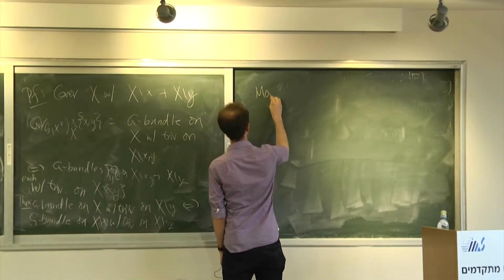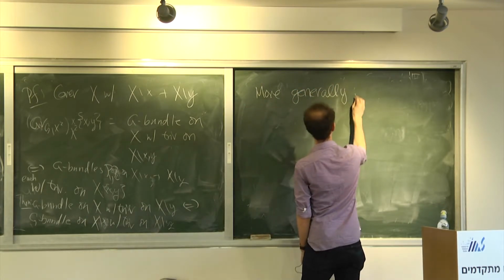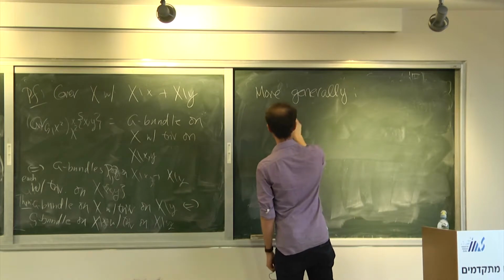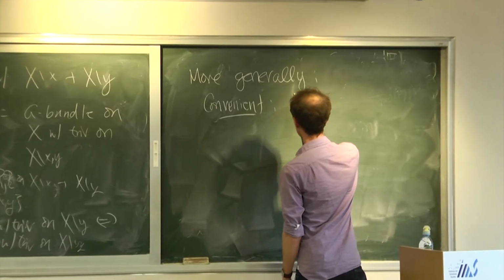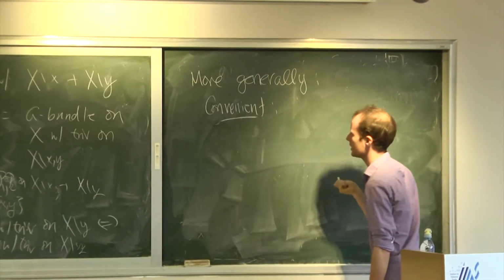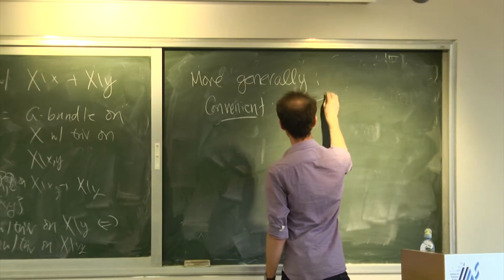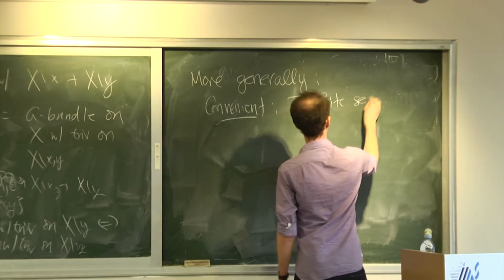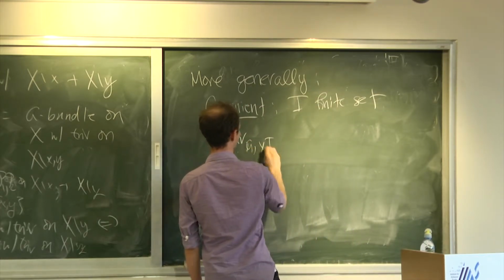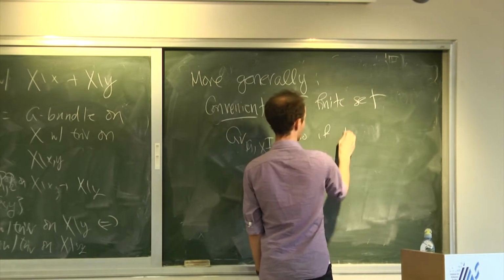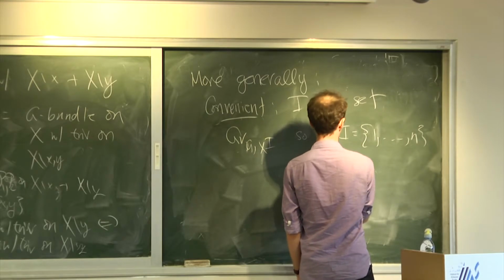So more generally, it's convenient to reorganize, to repackage things. So I'm going to use the following convention now. Instead of X to the n, which I used for combinatorial simplicity, if I is a finite set, then I define Gr_{G,X^I}, so that if I is the set 1 up to n, we get our earlier thing.